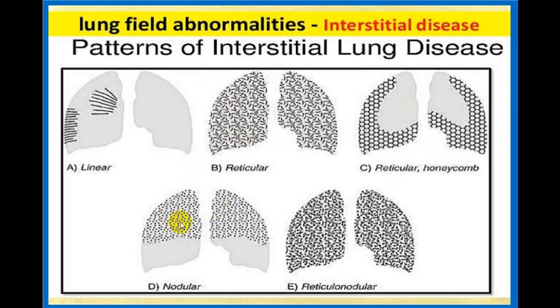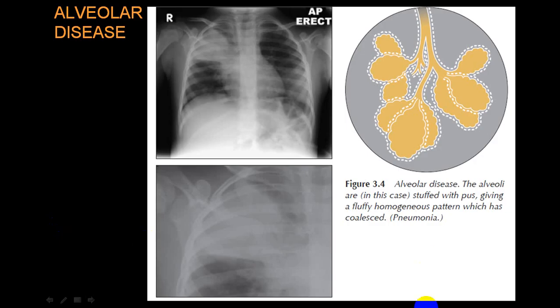So you can have a combination of these two, reticular and nodular together. So there is a reticular pattern with nodules, and this is a honeycomb appearance. So four different varieties: linear, reticular, nodular, reticulonodular, and honeycomb. These are all the different varieties of interstitial shadows you can see, and we put them into a common group, interstitial lung disease.